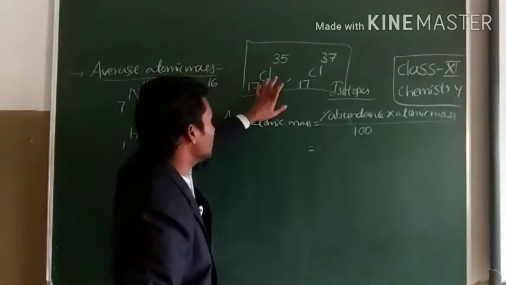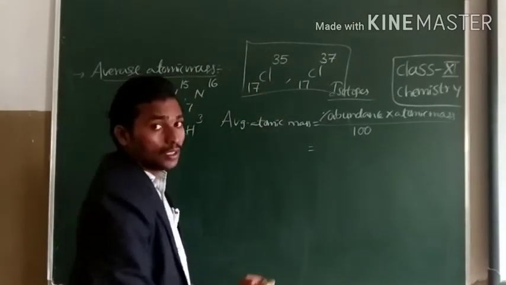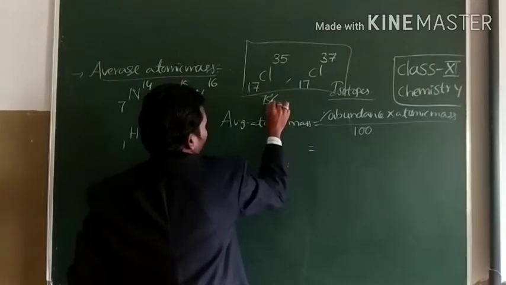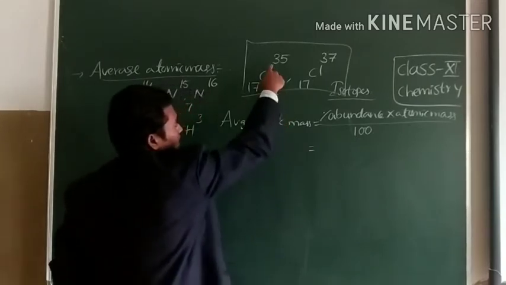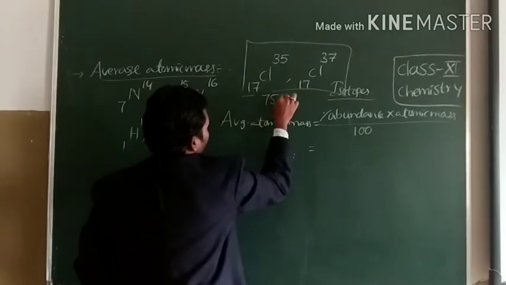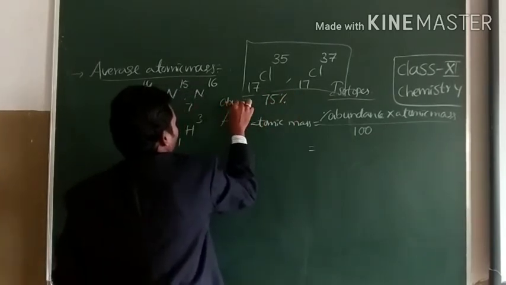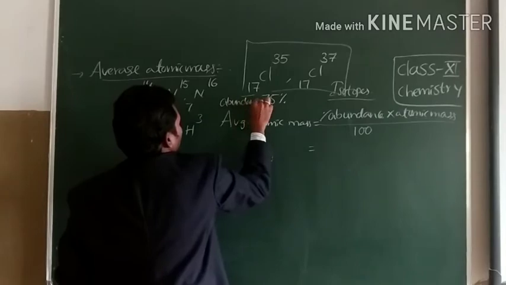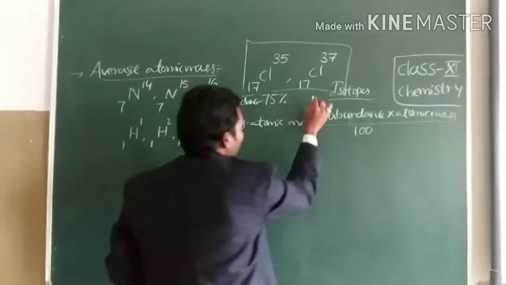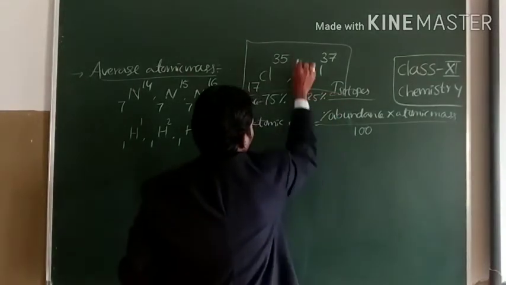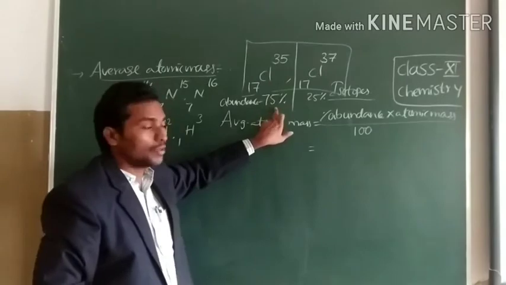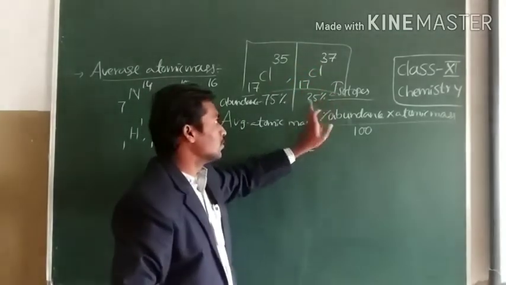Here, the percentage abundance of the chlorine-35 isotope is 75%, and the percentage abundance of chlorine-37 is 25%.